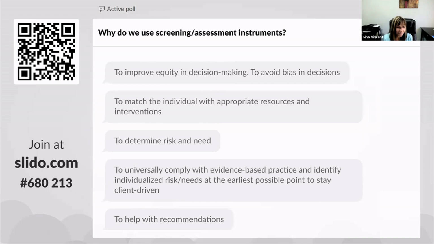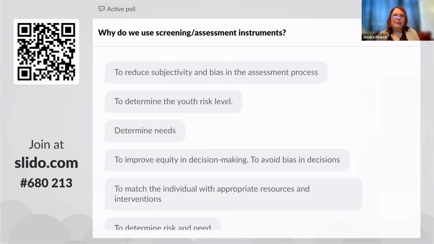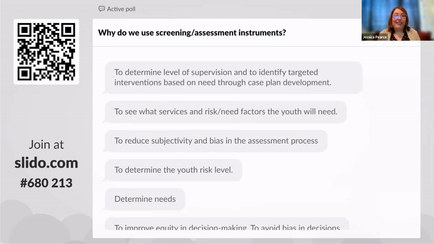Yep. Gina, are you seeing anything that's standing out to you in the answers that are coming in? Improve equity in decision making and avoid bias in decisions. I love that. That's great. Really reducing the subjectivity is, I think, an important part of why we do that. And it helps us, again, divert those low-level offenders.